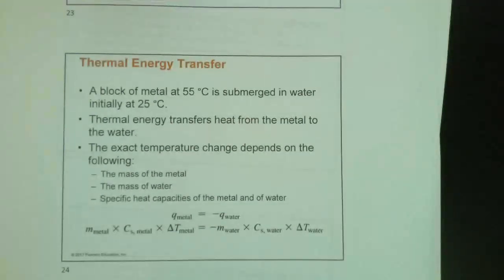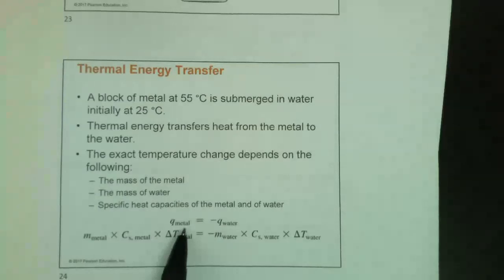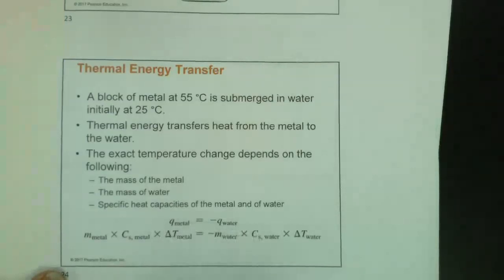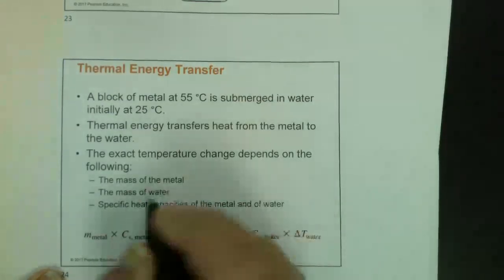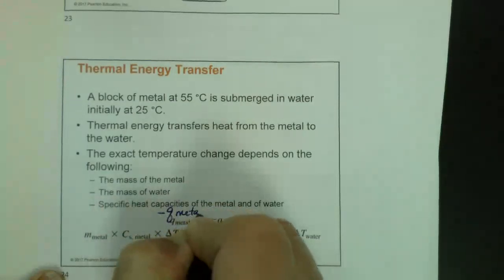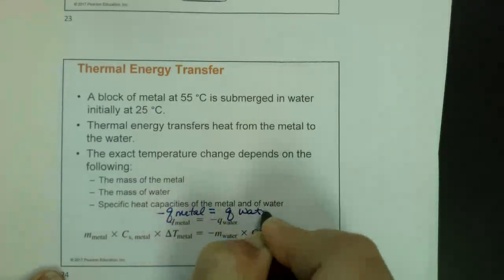Well, if we're talking about heat, we say that heat is represented with the letter Q. So the heat of the metal is going to equal the heat that the water is taking in or giving off. Okay, they're going to be opposite values. Now, I think this is a little misleading because who's giving off the heat? The metal. So I like to think of the negative heat or the heat given off from the metal is going to equal the heat taken in by the water.